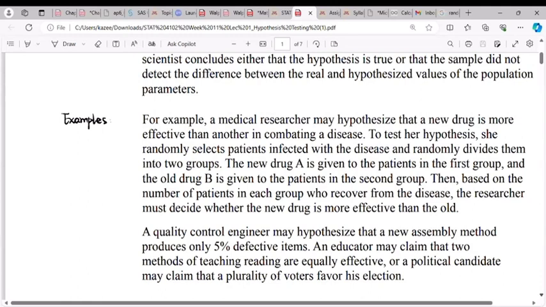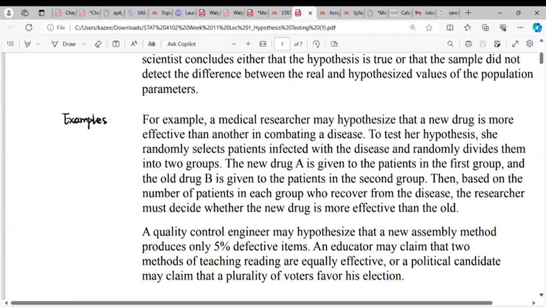Maybe the new drug is drug A and the conventional old drug is drug B. At the end of the day, you measure the number of patients in each group that recover from the disease. So the researcher will be able to decide whether the new drug is more effective than the old one.